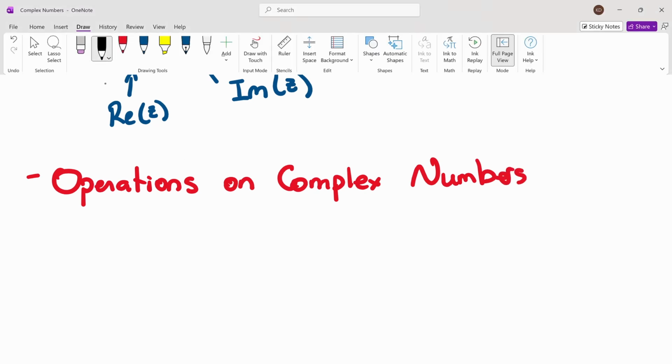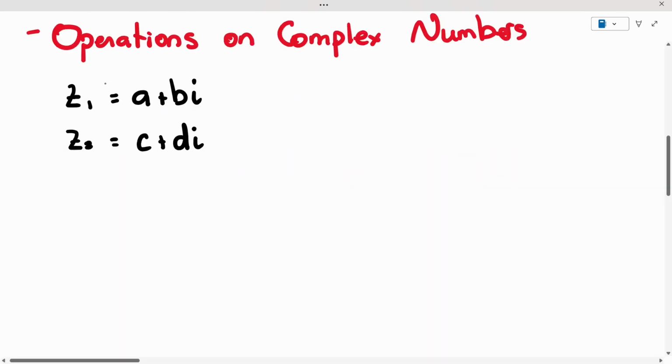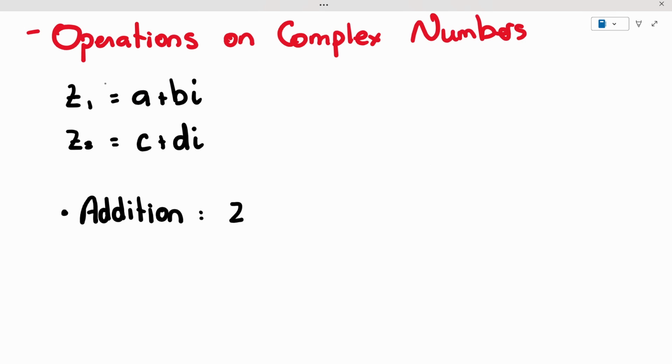So let's say we have two complex numbers, z1 and z2. We'll call z1 a plus bi and z2 c plus di. So we define addition like this: z1 plus z2 is a plus c, plus b plus d times i.